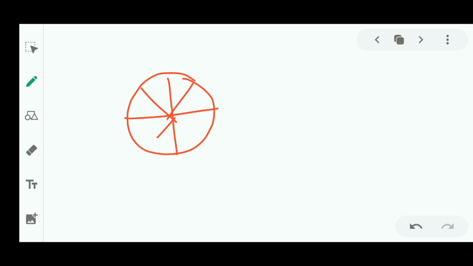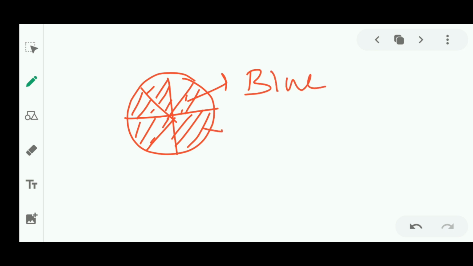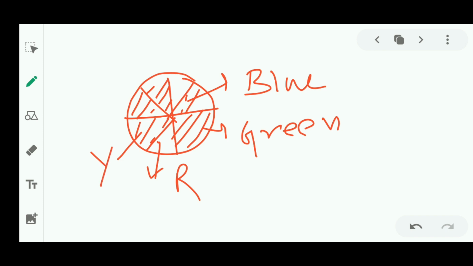What you need to do is take a cardboard, and on that cardboard make 7 different sectors, and color those sectors with different colors, like one is blue, another is green, another is yellow. So this is suppose blue, this is green, this one is red, this is yellow, this is violet.